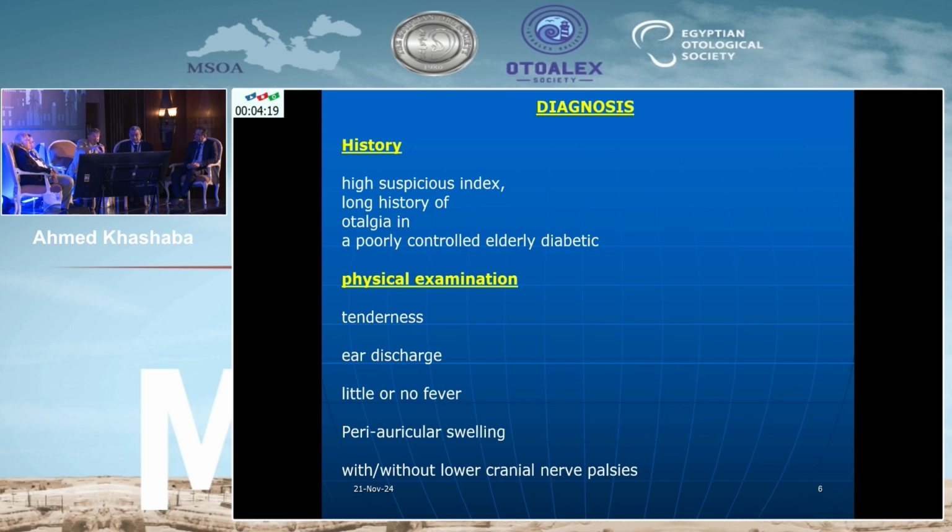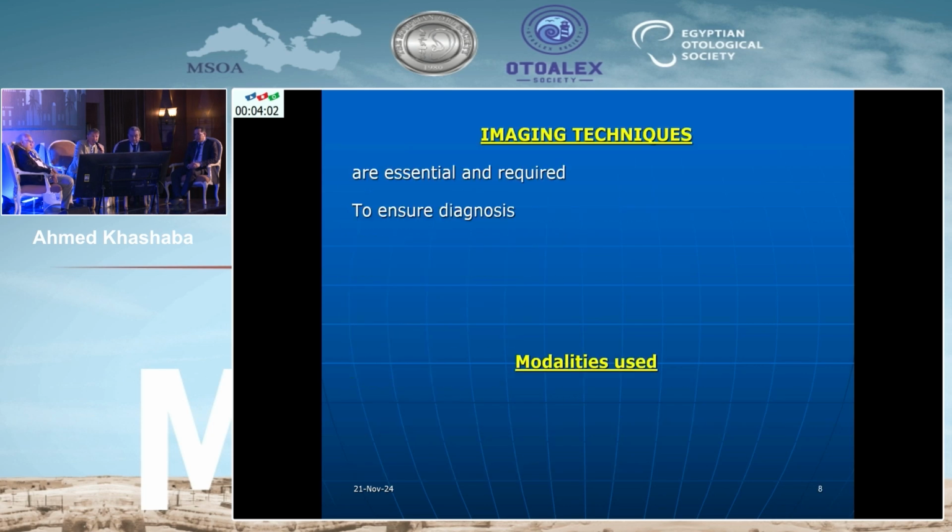So we actually have three main causes of this skull-base infectious disease: diabetes or other hormonal problems, immune suppression, and irradiation.